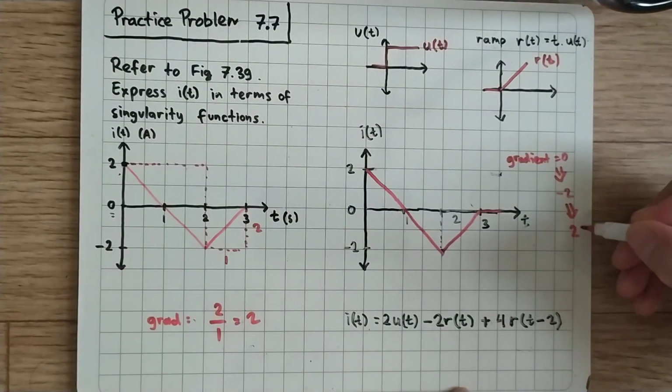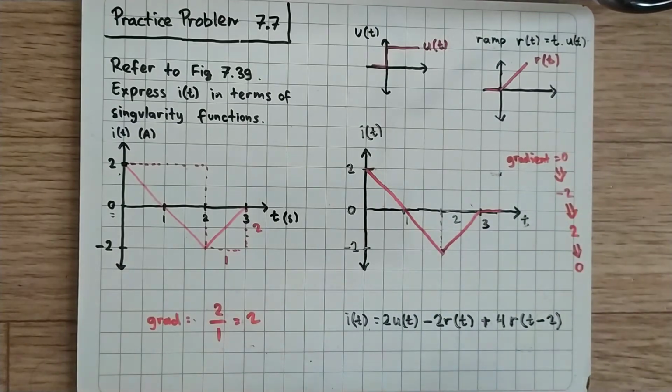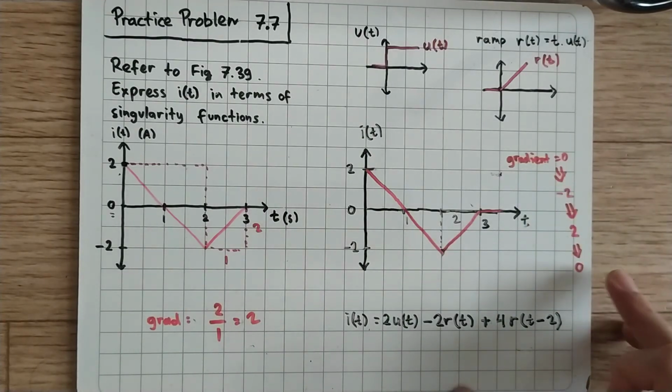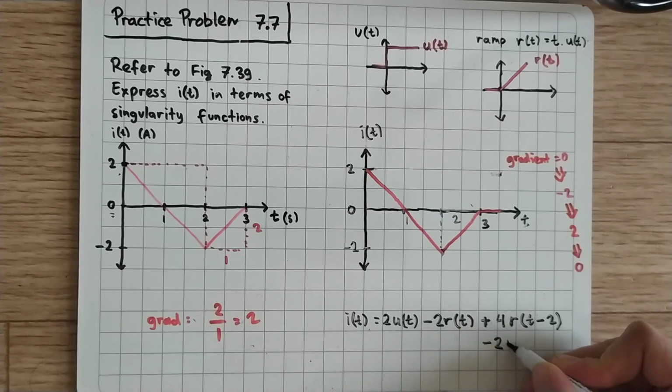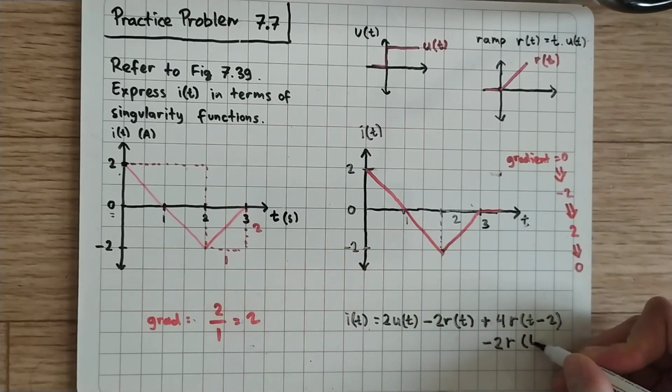So now the gradient is 2, and I want to change it into 0. So similarly, I need to subtract 2 from this function. So I will have minus 2 r, and the time offset is 3, so t minus 3.